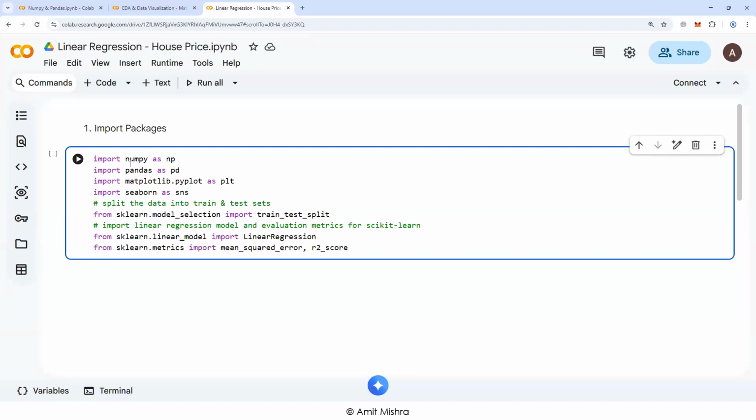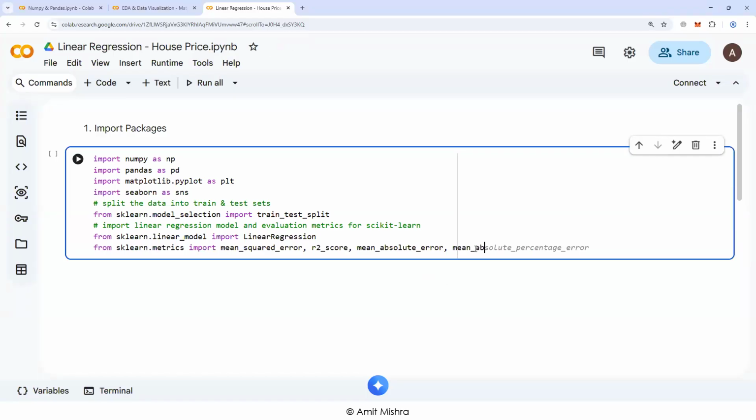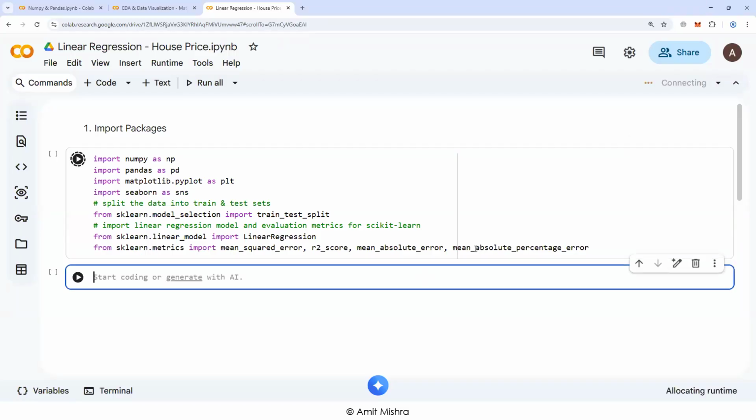We are going for the linear regression model. Now the metrics are mean squared error, R2 score, mean absolute error, and mean absolute percentage error as well. Absolute value is also one of the metrics that you can use to find the difference between both.